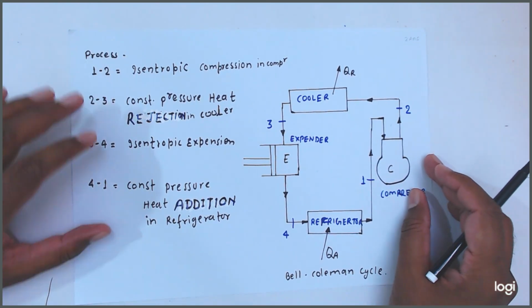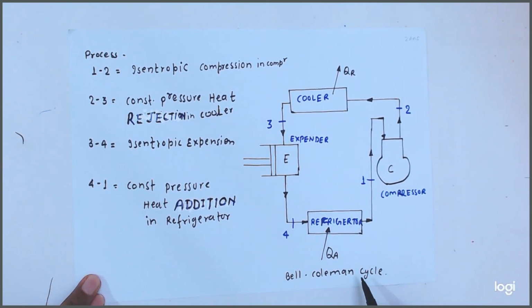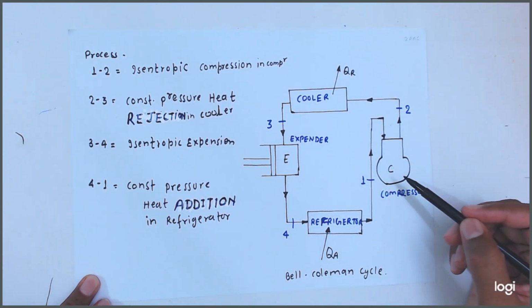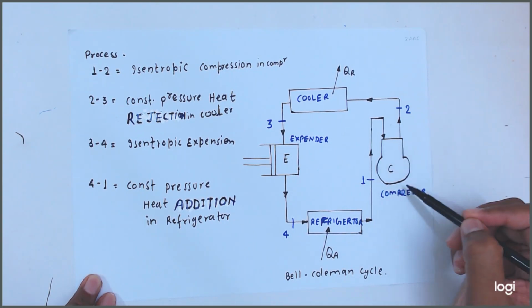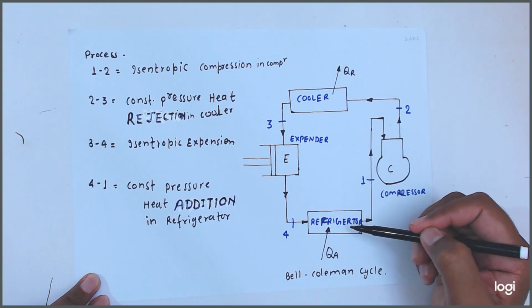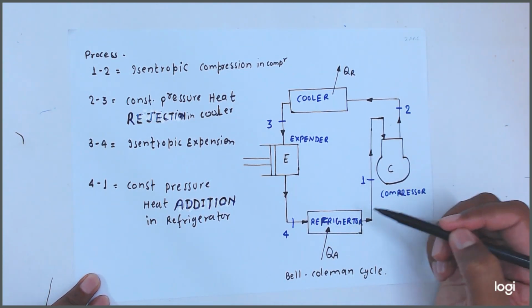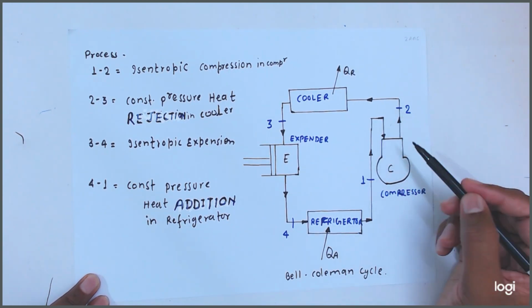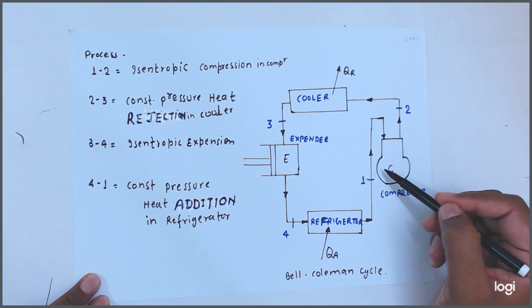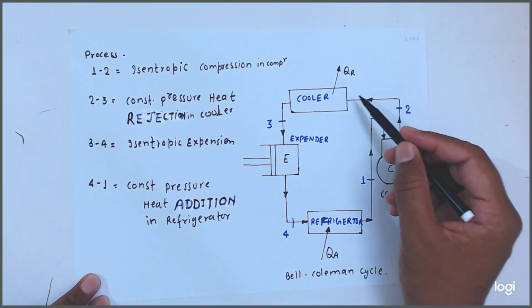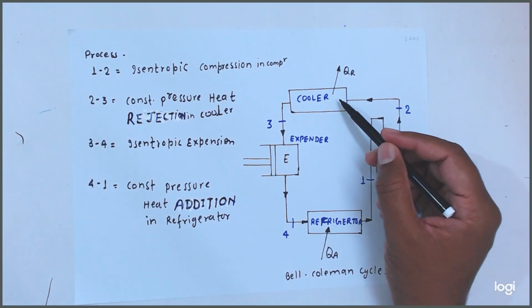Now friends, we will see the Bell-Coleman cycle or reverse Brayton cycle or reverse Joule cycle. It is working on this circuit. In this, friends, this is the compressor, this is the cooler, this is the expander, and this is the refrigerator. Process 1 to 2 is done in the compressor. The compressor compresses the air and it will pass through the cooler where it will reject the heat.